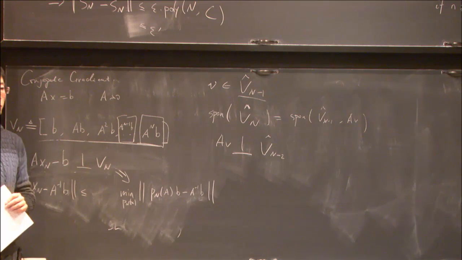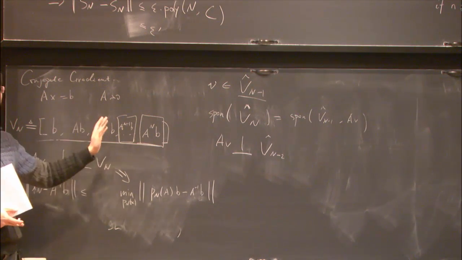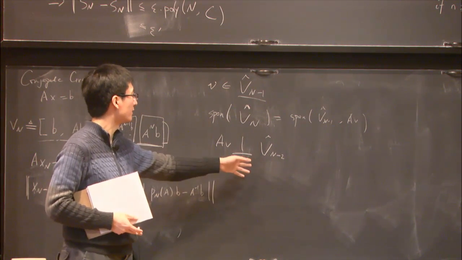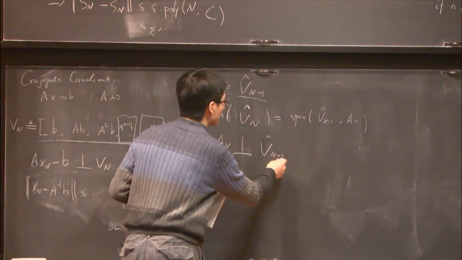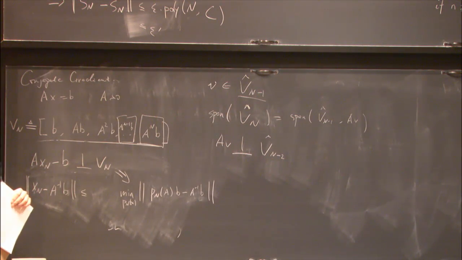Meaning that if we want to do a Gram-Schmidt, we don't need to do that from the first column anymore. It's going to be very efficient, and we only need to orthogonalize it with respect to the previous column. Maybe the previous two, I forgot. Something like that. And that was the rough idea of conjugate gradient.